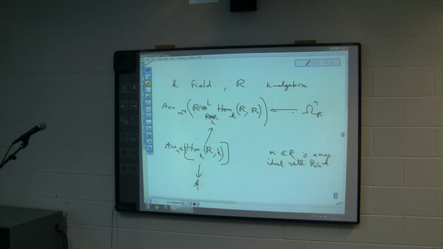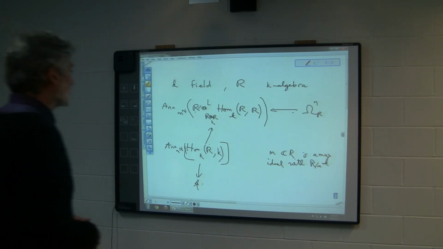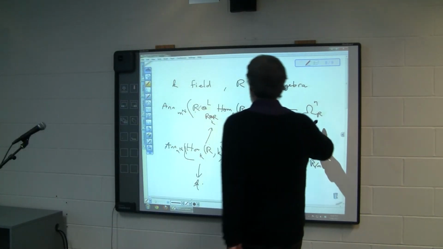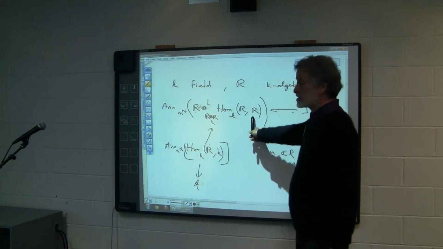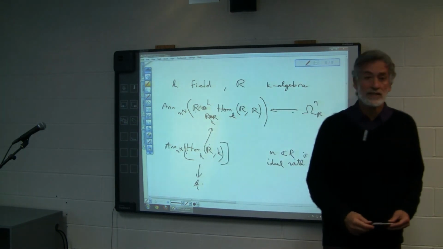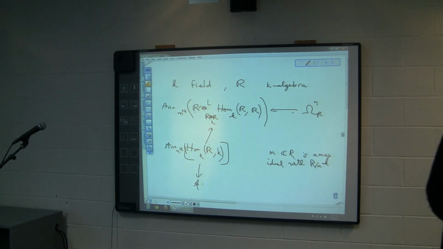So this is one of the things you learn. It comes from the fact that we happen to know that it's this, when R is essentially smooth over K.